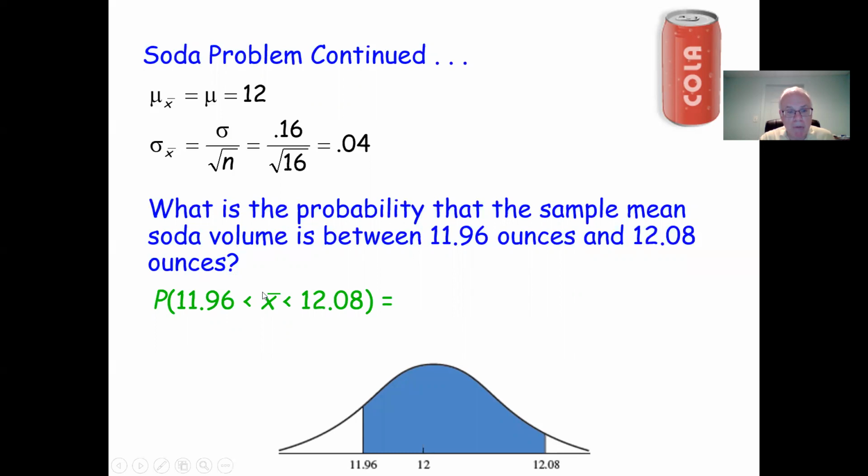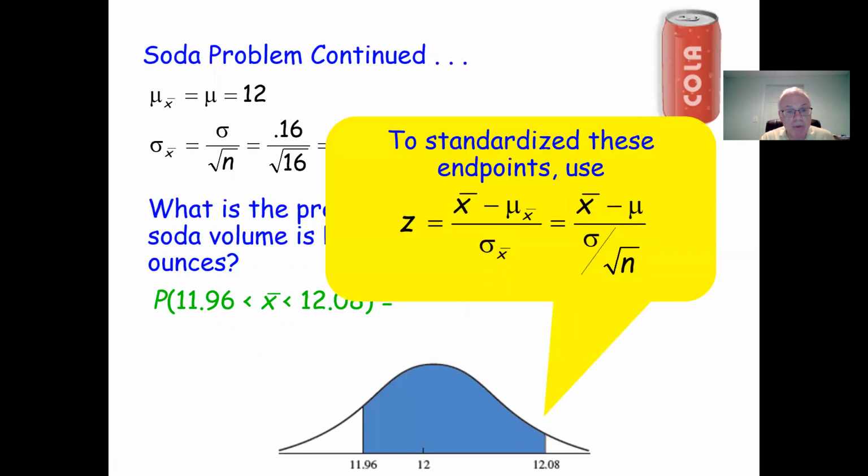In the middle here, we don't have X, we have X bar. We're trying to anticipate ahead of time the probability that those 16 cans of soda have an average content of between 11.96 ounces and 12.08 ounces. And we would use normal CDF to answer this question.